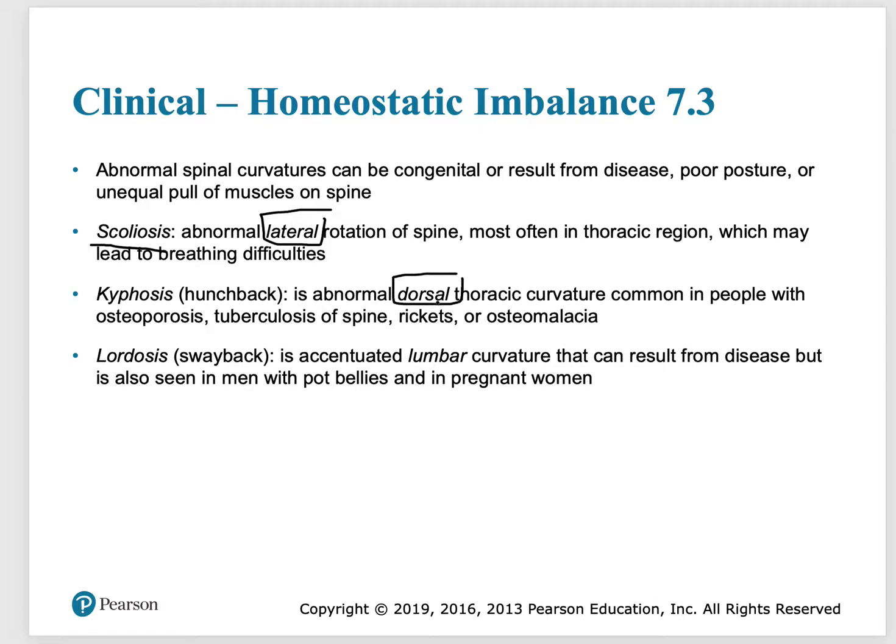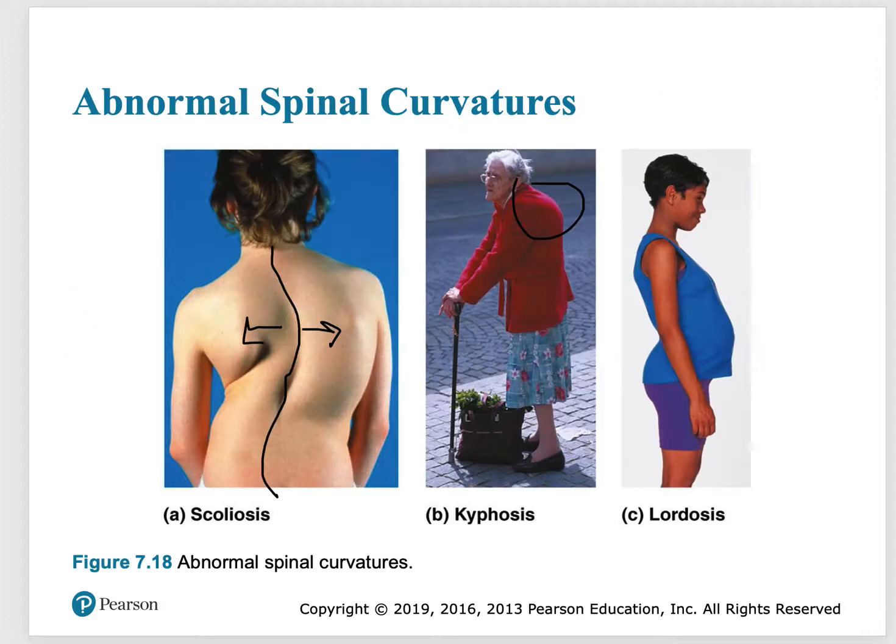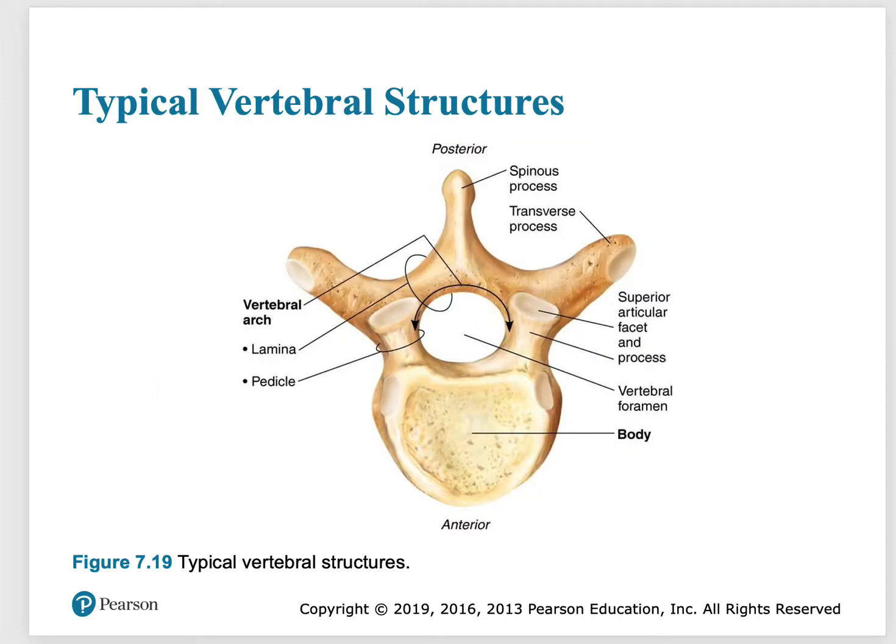So dorsal, remember, that's on the back. And then lordosis, think of someone who is maybe pregnant. They call this sway back. So the spine is going to rotate forward, or anteriorly, to help support that extra weight of the baby.